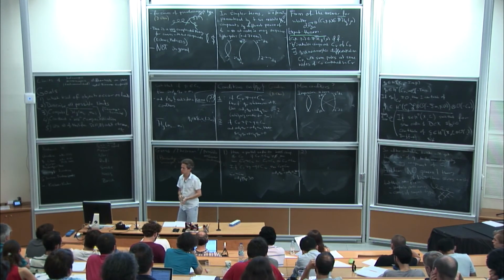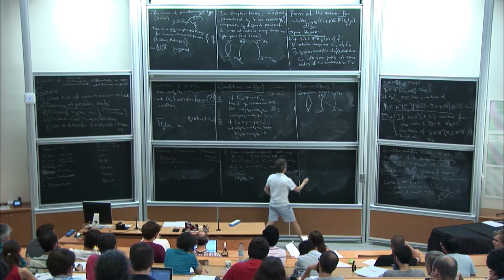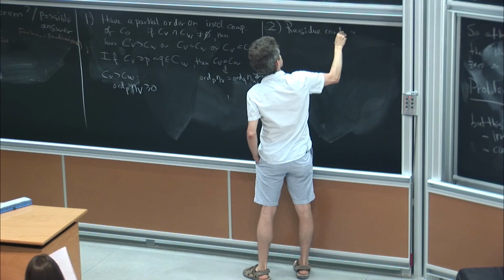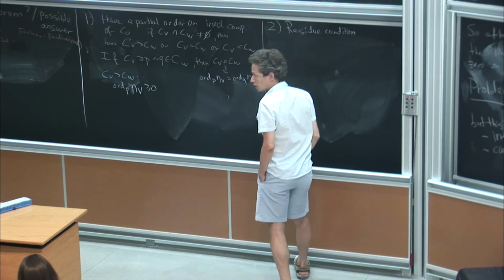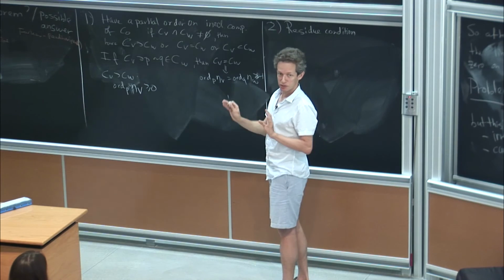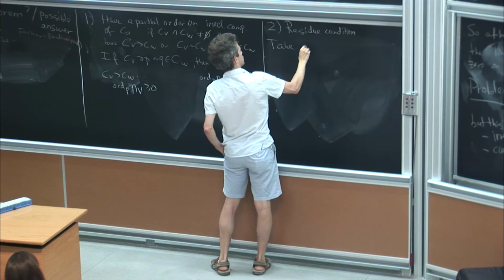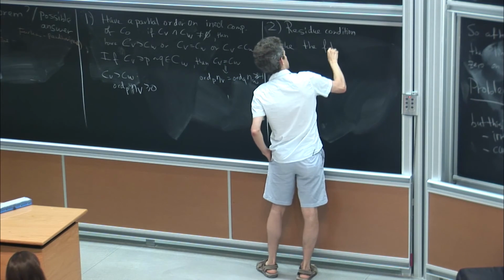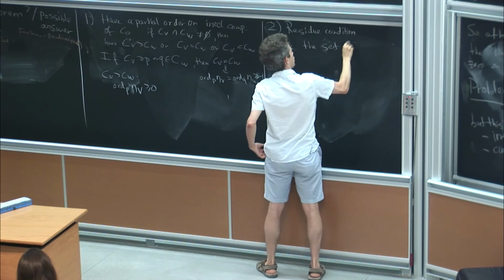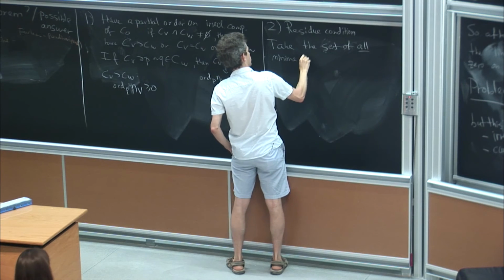Now comes the hard part, the residue condition. I'll write a technical statement which I hope is correct, and then I'll stop, and if you have questions, we'll have to discuss elsewhere. So take the set of all minima of the set of components.